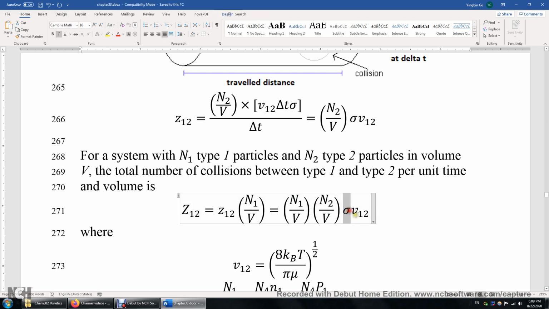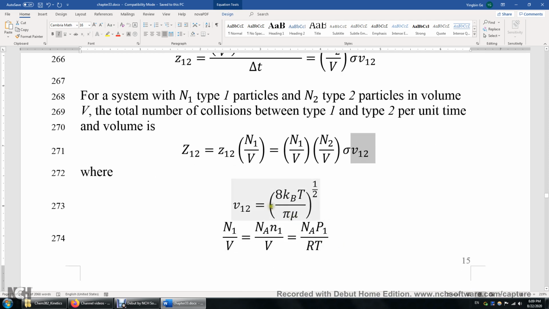Now again, if these two molecules are pretty large, you'll observe a higher frequency. And if they move really fast, also you will observe higher frequency. Again, this V12 is the relative speed. It has this formula. It's the square root of 8 kBT over pi mu.